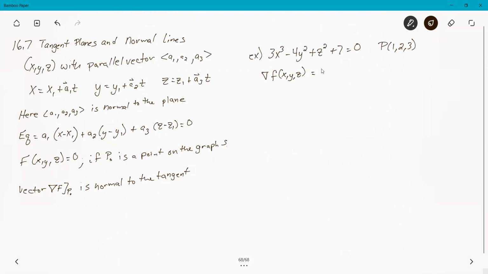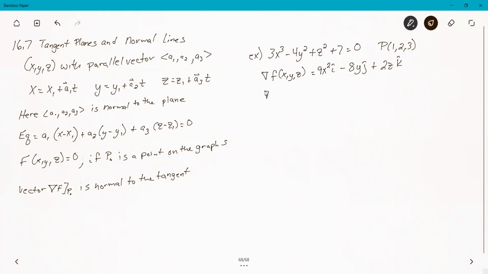So this is going to give me 9x squared, and that's my i hat because that's my x term. And then minus 8y j hat, plus the derivative of that is 2z k hat. All right.